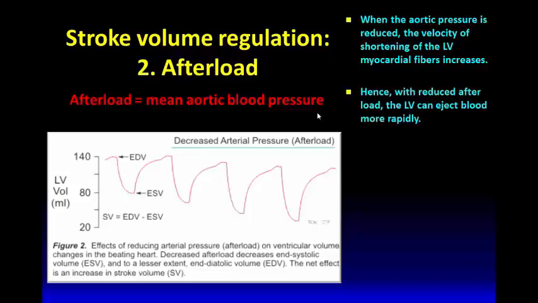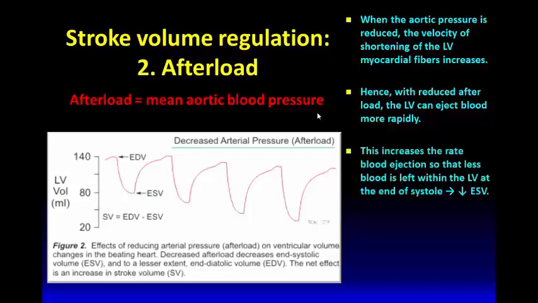Hence, with reduced left ventricular afterload, the left ventricle can eject blood more rapidly, and this increases the rate of blood ejection into the aorta, so that now less blood is left within the left ventricle at the end of systole, resulting in a decrease in systolic volume.